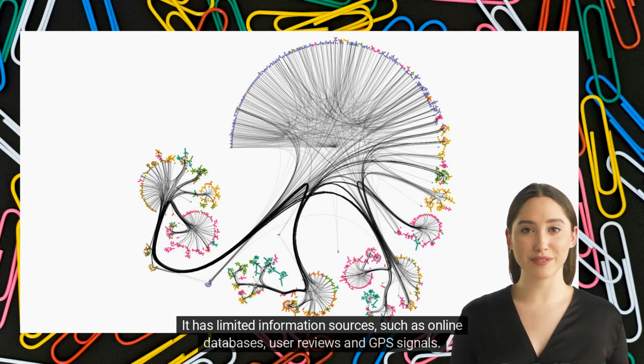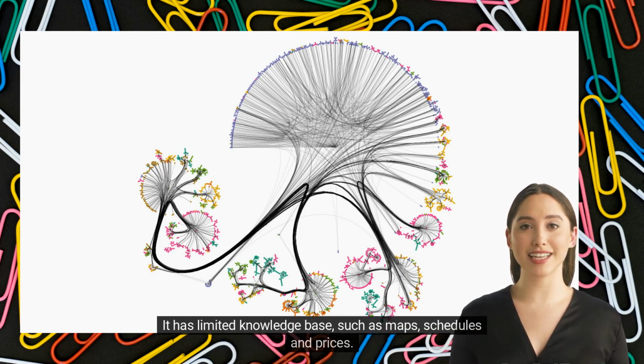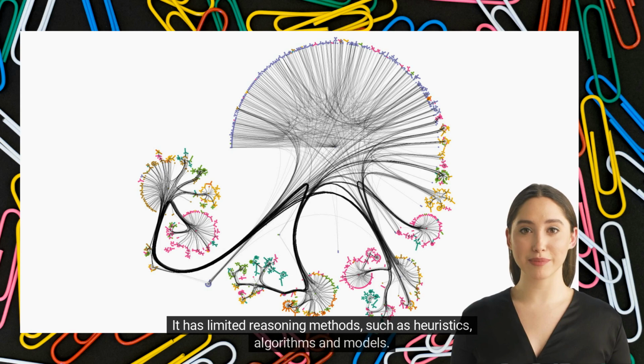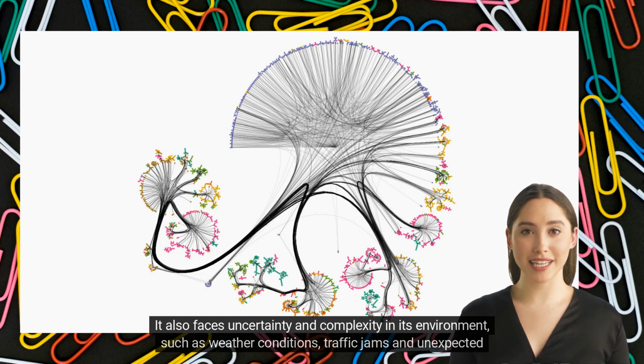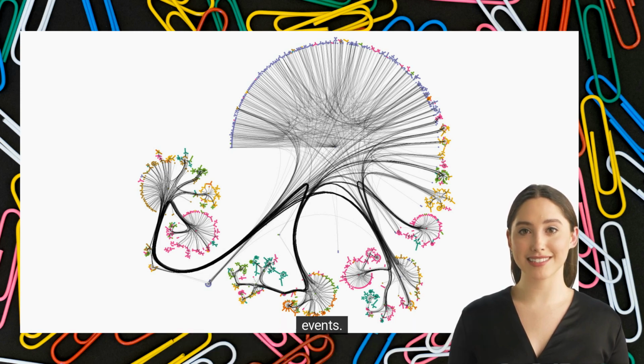It has limited information sources, such as online databases, user reviews, and GPS signals. It has limited knowledge base, such as maps, schedules, and prices. It has limited reasoning methods, such as heuristics, algorithms, and models. It also faces uncertainty and complexity in its environment, such as weather conditions, traffic jams, and unexpected events.